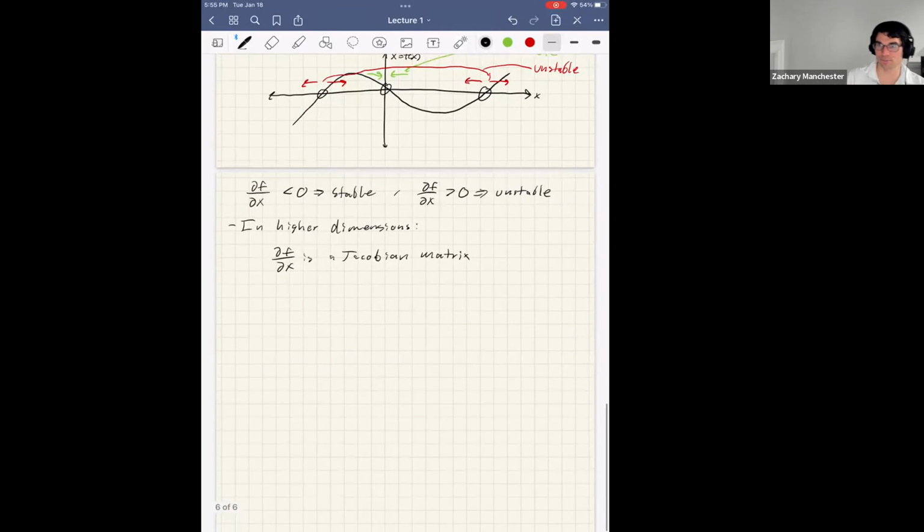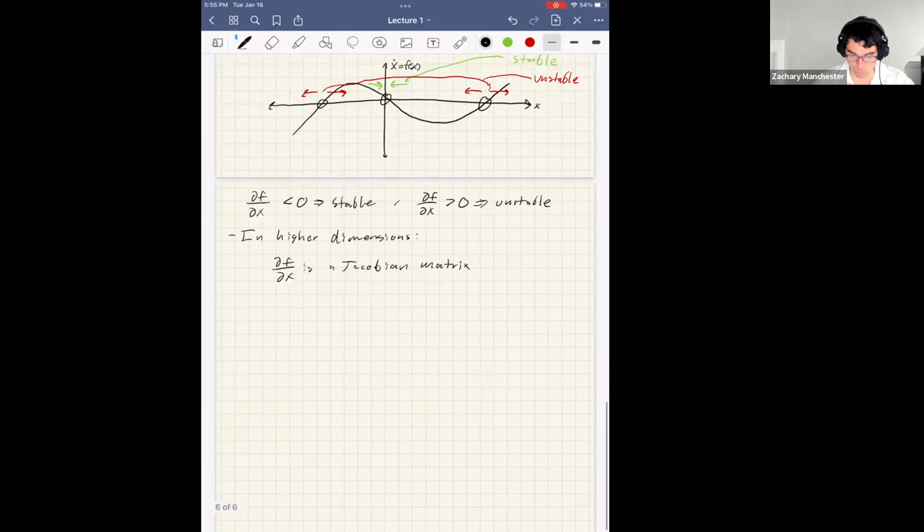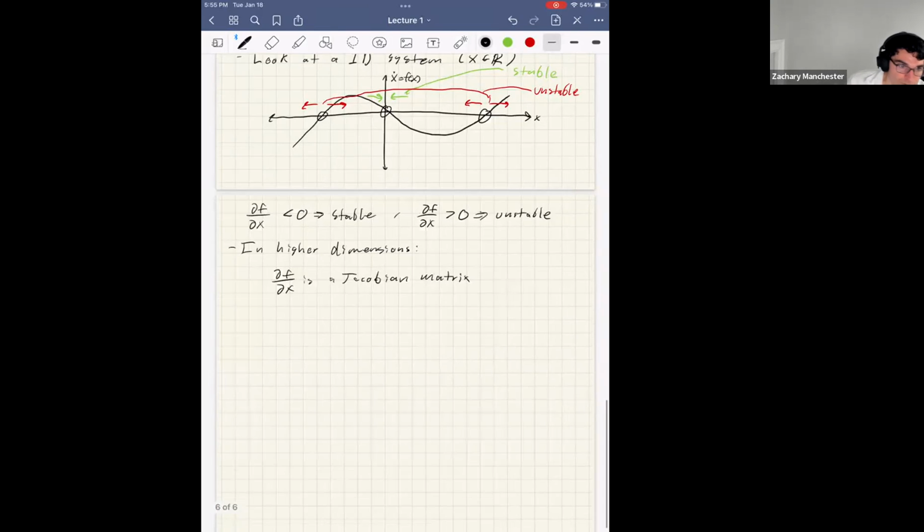So the eigen decomposition is a trick for finding a clever coordinate transformation that puts us back in this 1D picture, and then we can apply the 1D result.